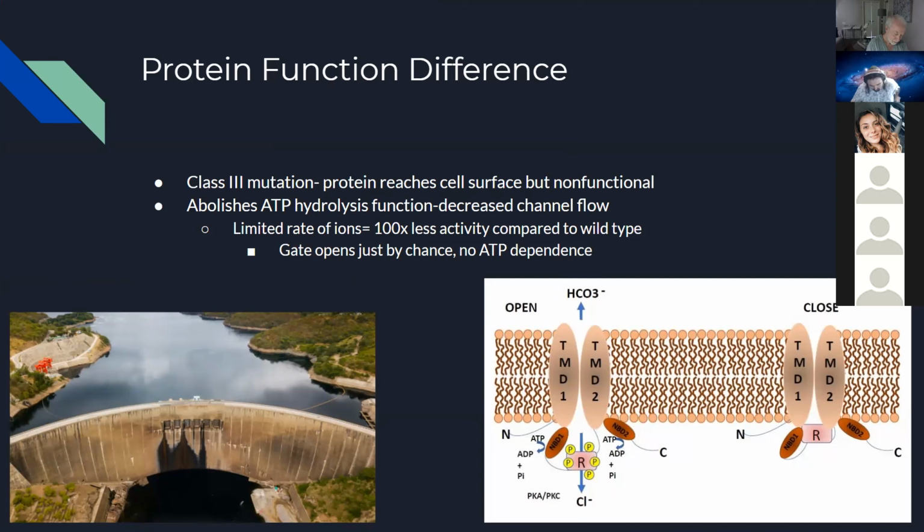So any ATP hydrolysis function can't be used at all, which essentially just means that it's closed all the time. And so the chance of it opening at all is 100 times less compared to a typical CFTR protein, which causes constant chlorine buildup to the point where it kind of acts like a faulty dam where you can't really let your water in or out at all. It just kind of stays static.